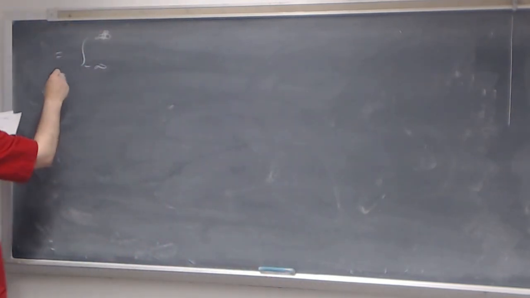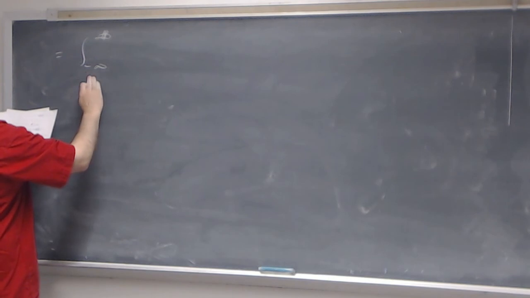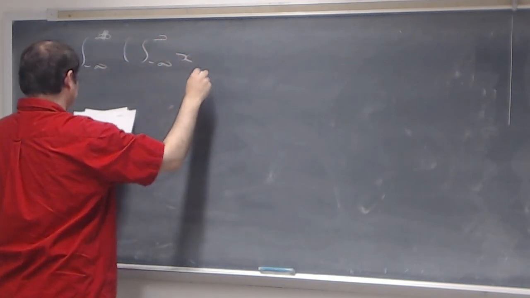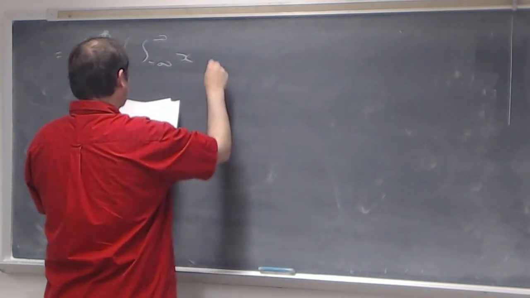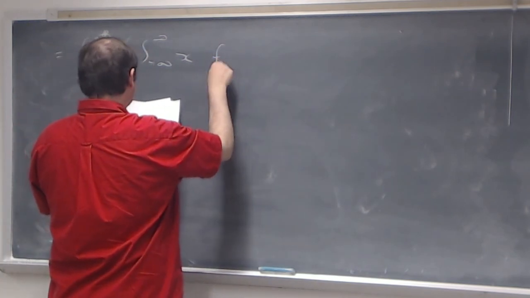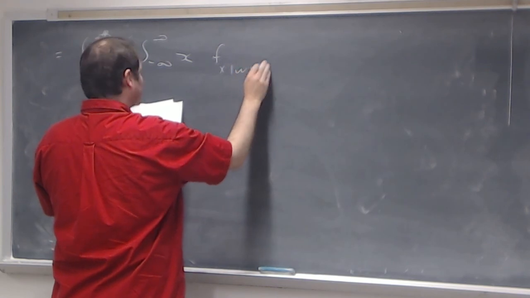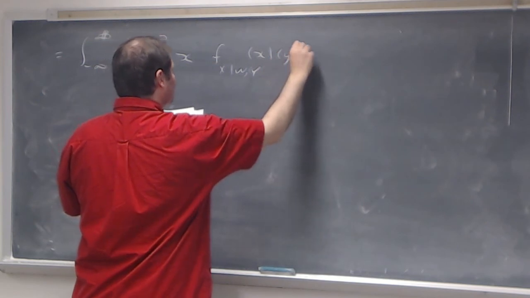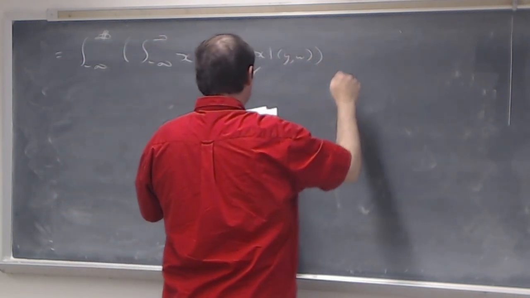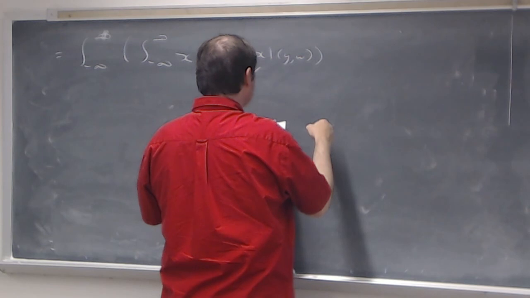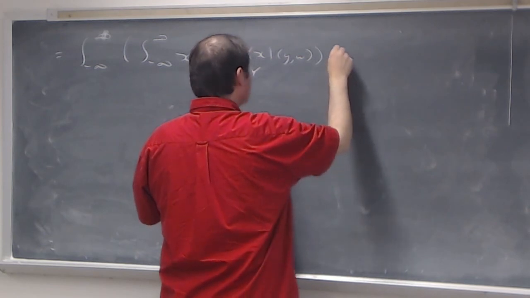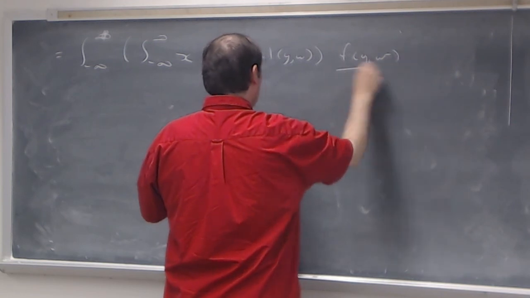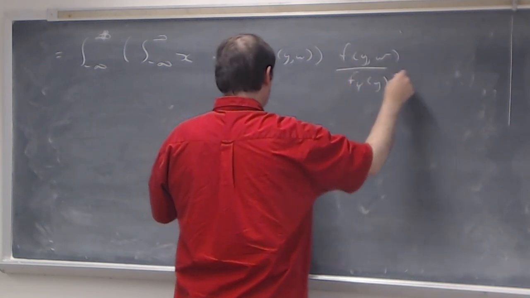Now, this is equal to an integral, then an inner integral from minus infinity to infinity, of x, and then here, if you want, you can have f of x given y, w. Then this f of w given y, I can put it inside that integral and rewrite it as f of y, w over f sub y of y, just like what we had before.